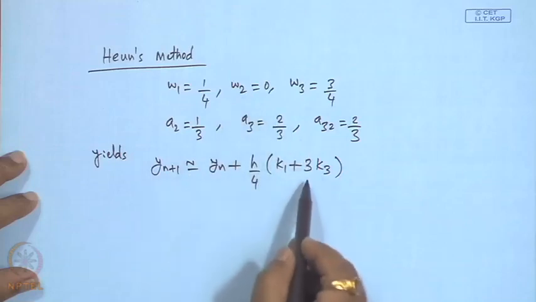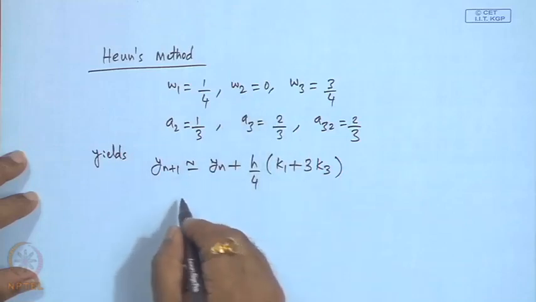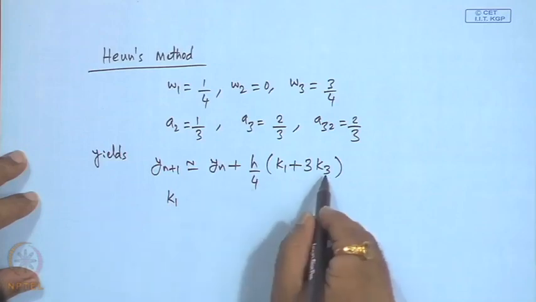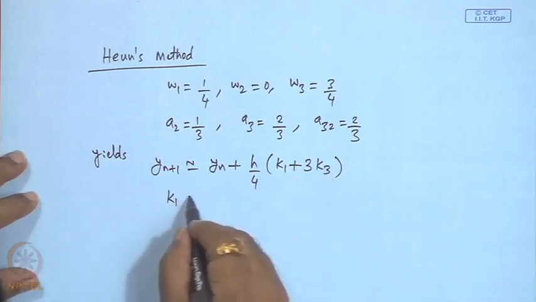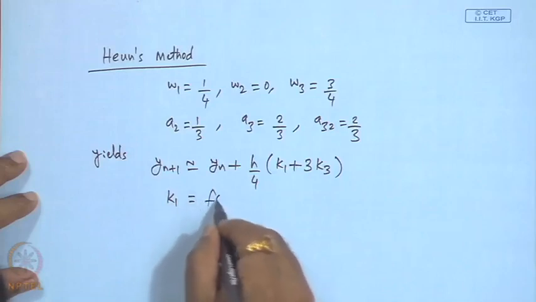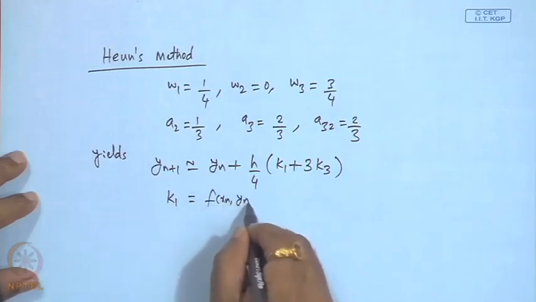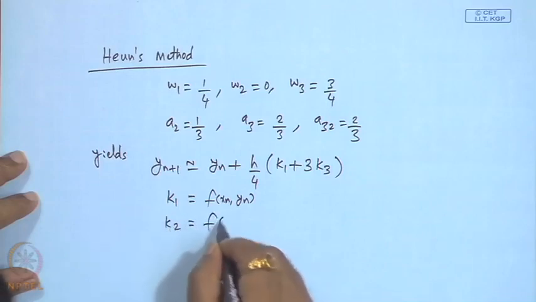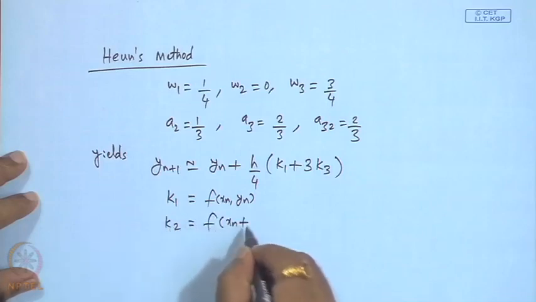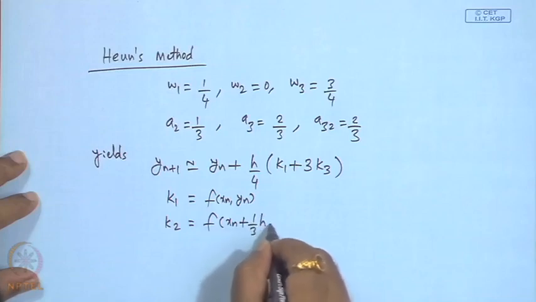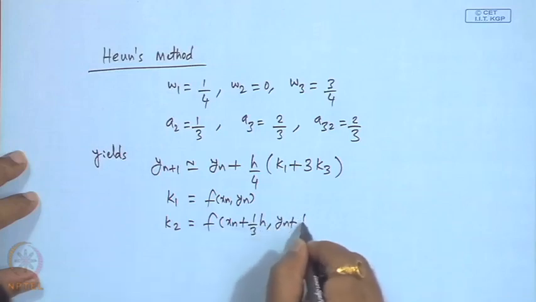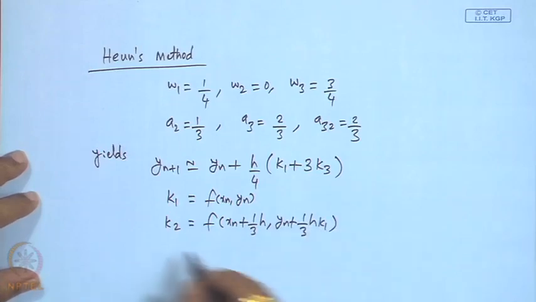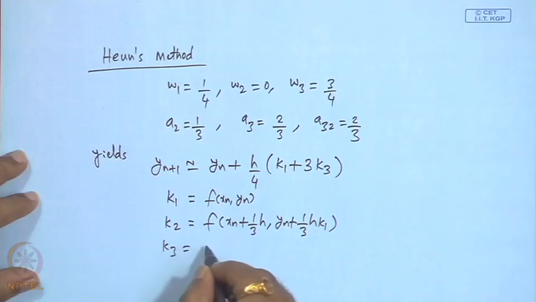Since W2 is 0, K2 goes off, but then we need K2 to compute K3. So, this is K2 and K3.